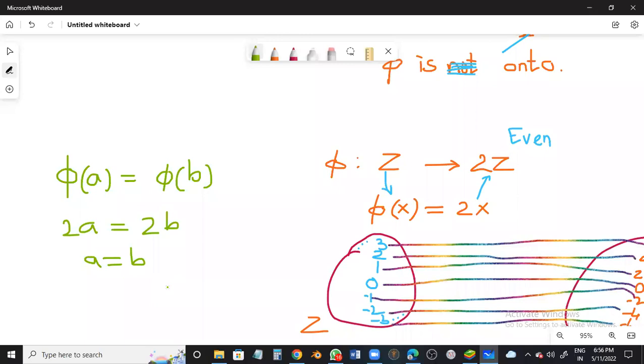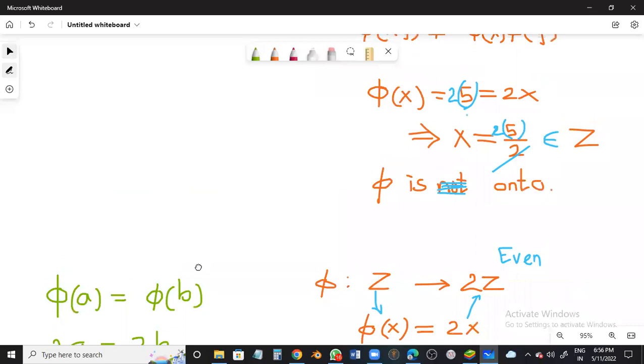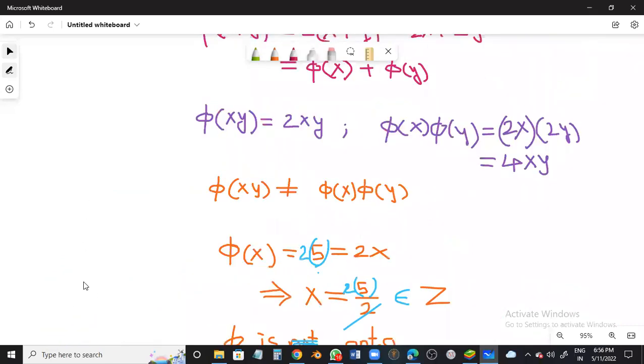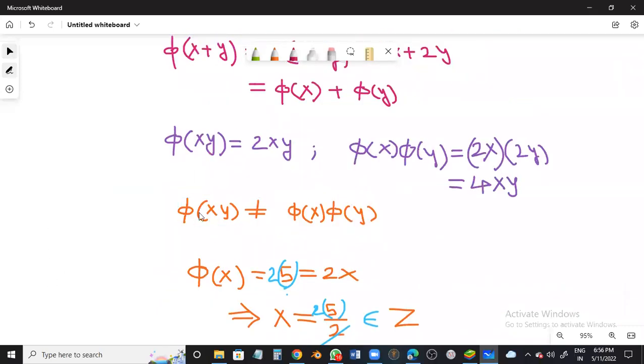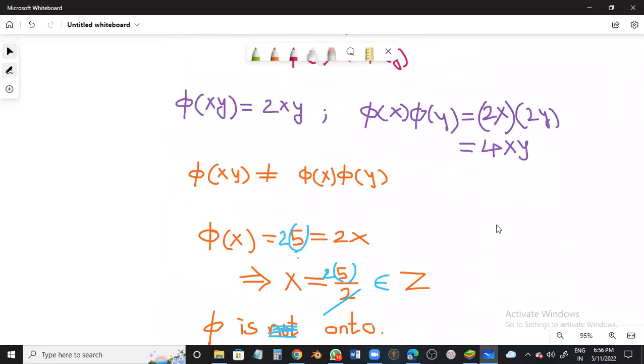We got phi to be 1, 1, phi to be onto. But phi could not satisfy our homomorphism property. That was the thing. So here we have mistaken. I hope so. That is what I wanted to correct.